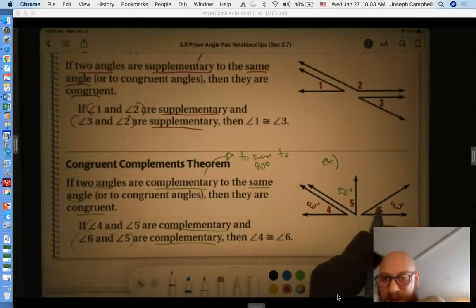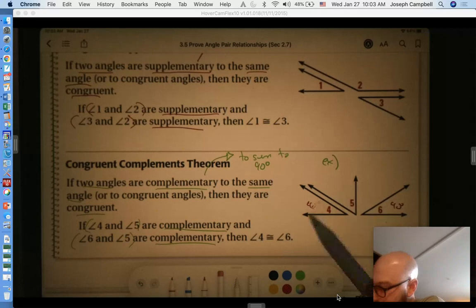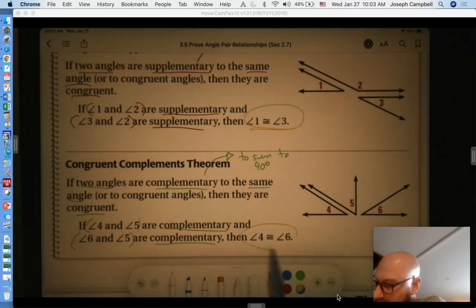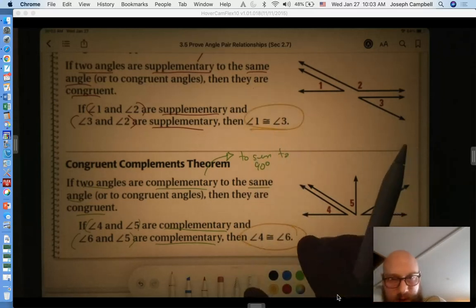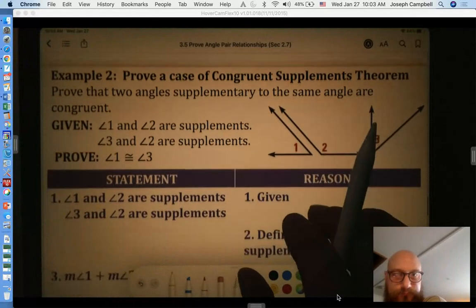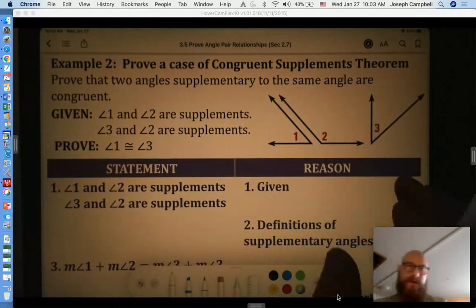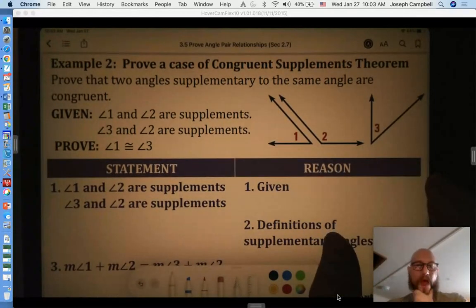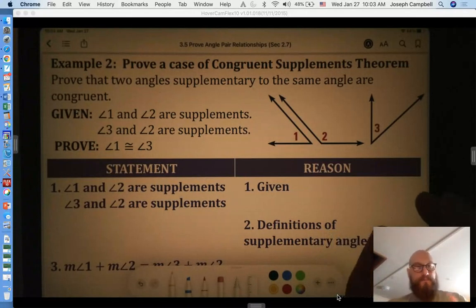These are the same angle. So these are just another way of showing two angles are congruent. Here we're going to prove a case of the congruent supplements theorem. And once we've proved it, we can use it, which means we have another shortcut.